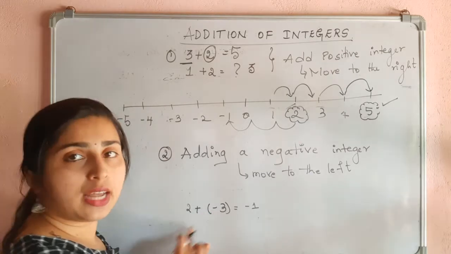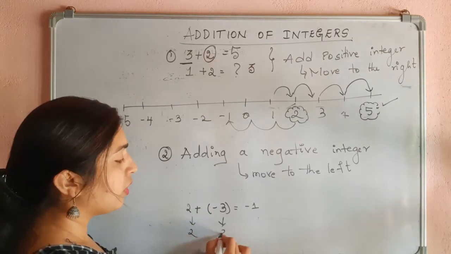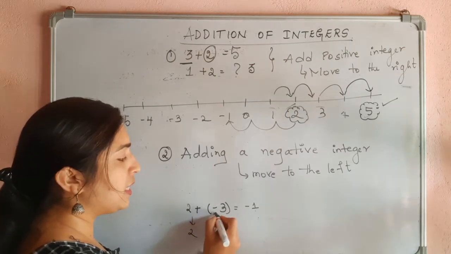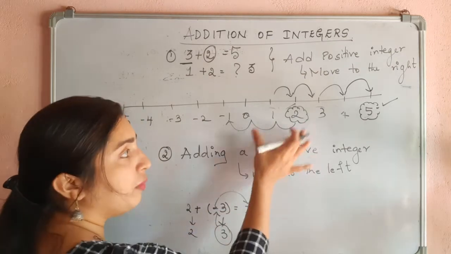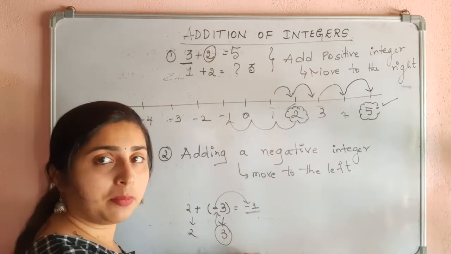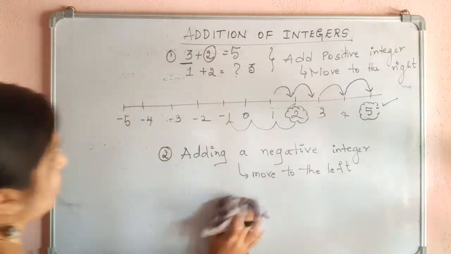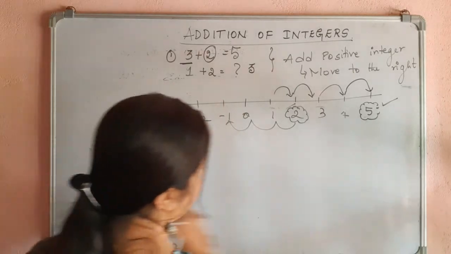I told you these have two different signs: take the absolute values, take the difference of these, and place the sign of the largest absolute value. So that is -1. From the number line and from the standard method, we are arriving at the same result. So this is how to perform addition on the number line.